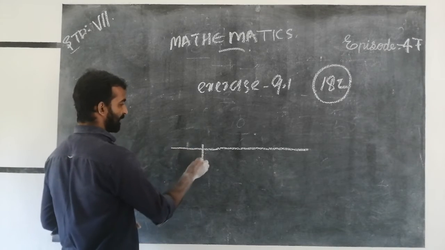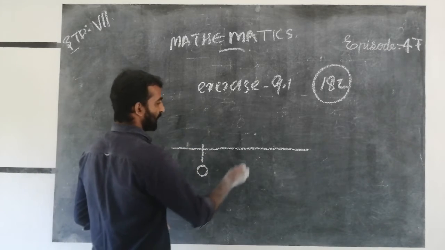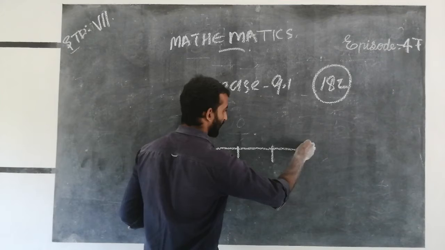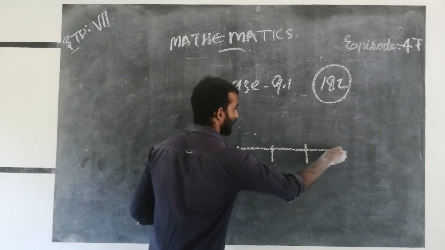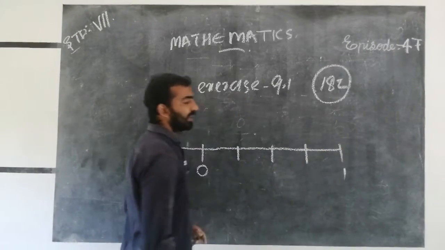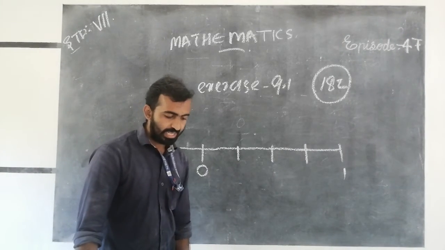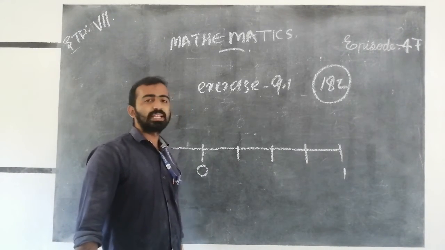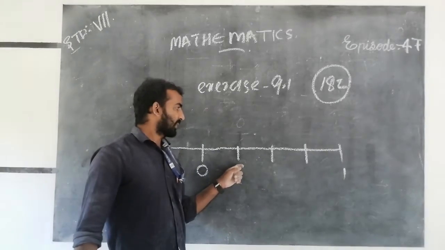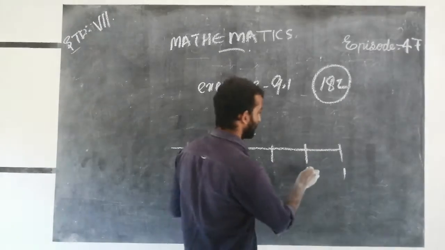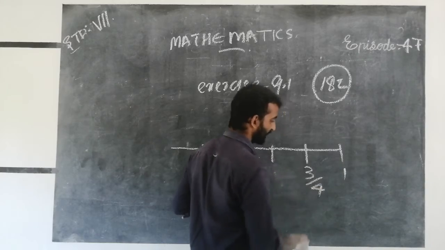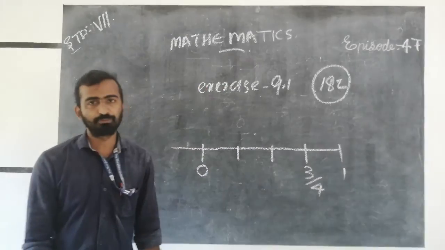This is a number line, here is 0. We divide it into 4 equal parts: 1 by 4, 2 by 4, 3 by 4. We get 3 by 4.